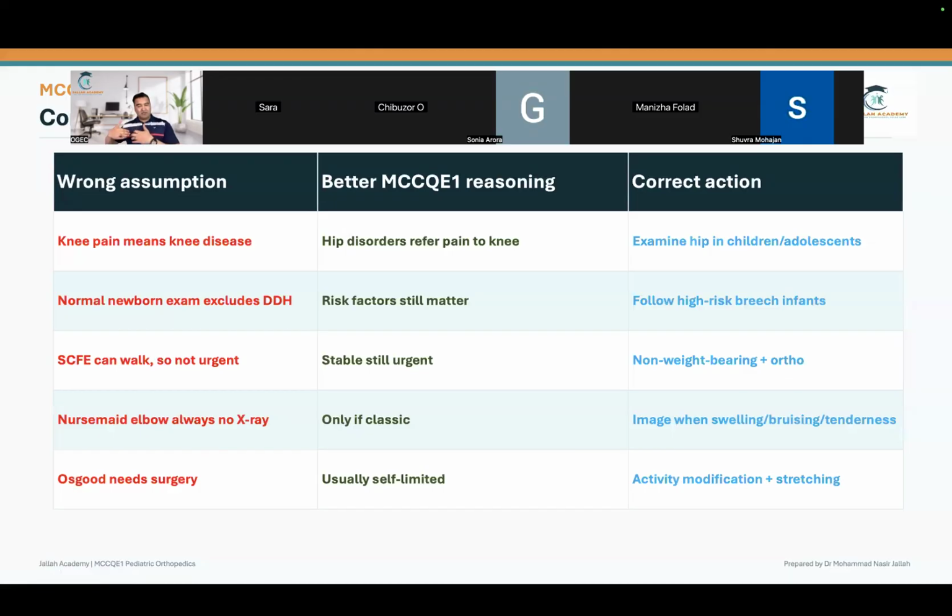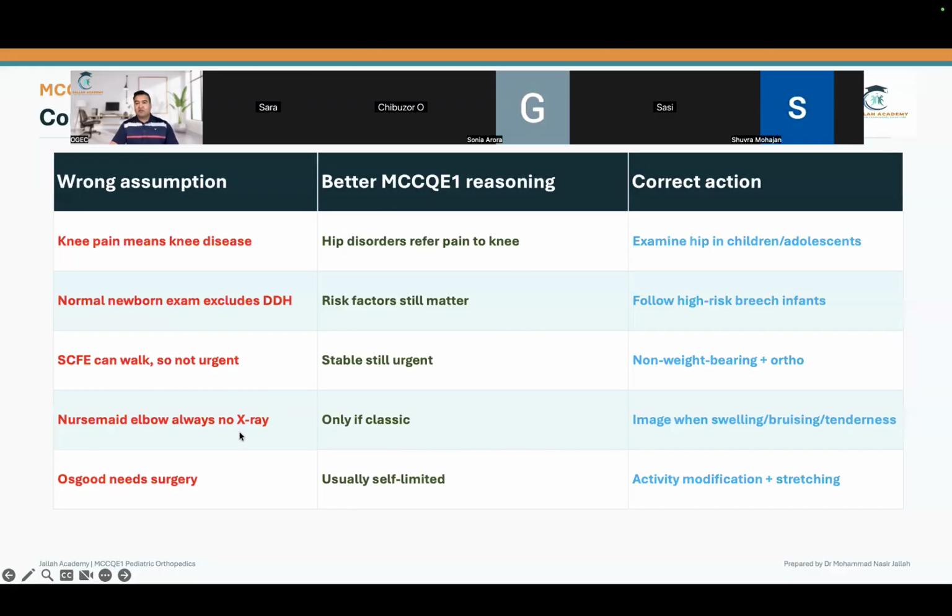Unstable means the slip has happened, but the patient cannot bear weight on the affected side. Either way, this is a surgery related condition, so the patient has to get a surgery done. Either way, we have to advise the patient not to bear weight. Okay?